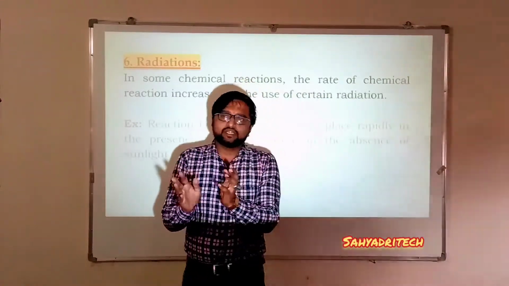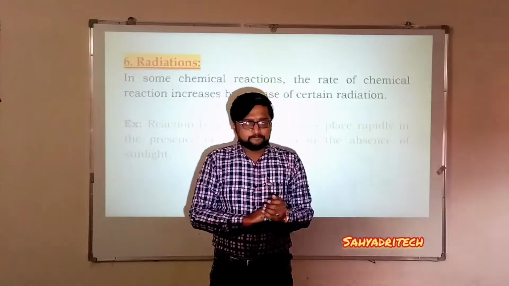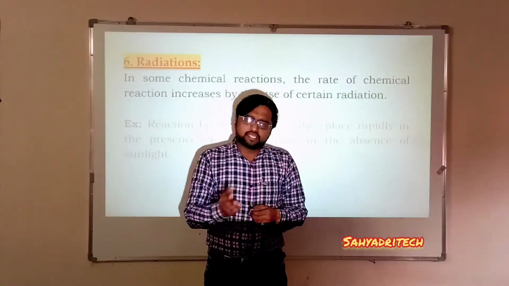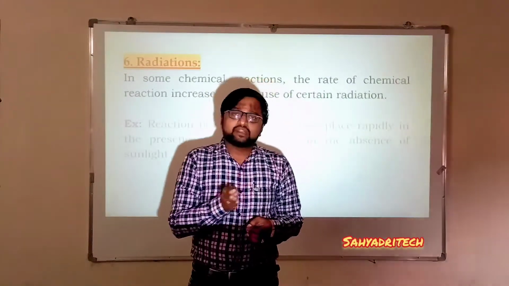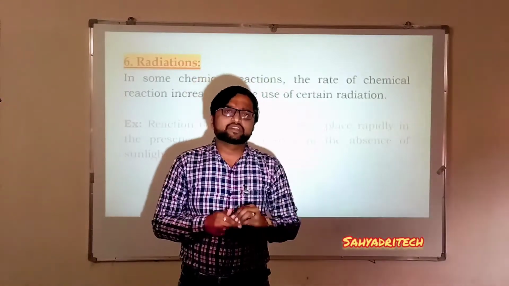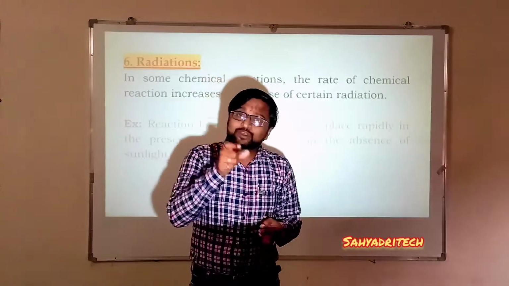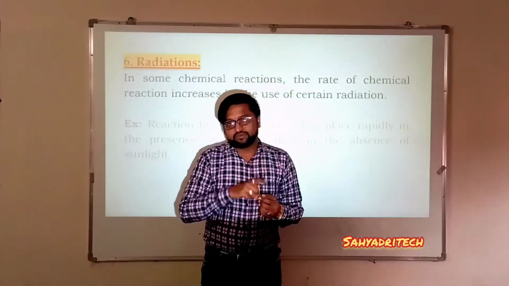Hydrogen peroxide stored in a dark bottle, even in the presence of urea as a stabilizer, does undergo decomposition very slowly. Hydrogen peroxide gets converted into water, and oxygen gas is liberated. But the rate of reaction here is very slow.